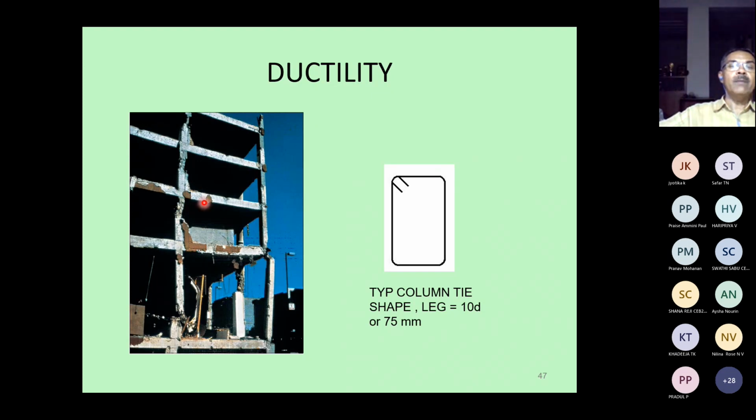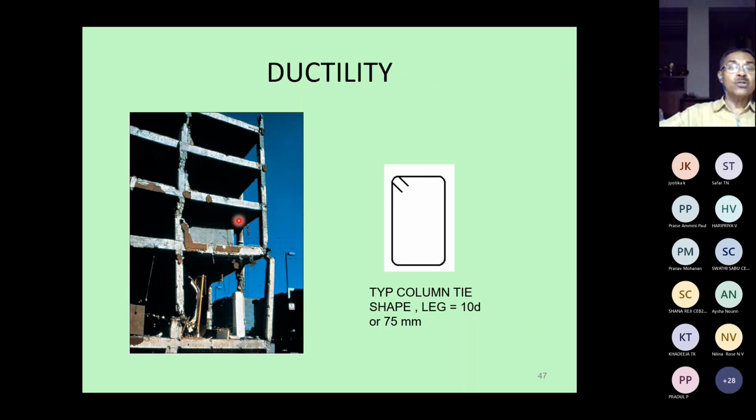You can see that the damage to an earthquake-affected building happens very close to the beam-column junctions. Every damage is very close to lintels or beam-column junctions. This is also a junction of the lintel. The wall is totally broken. So all such areas are getting damaged, and such areas are to be protected by very closely spaced stirrups to prevent collapse of the structure.